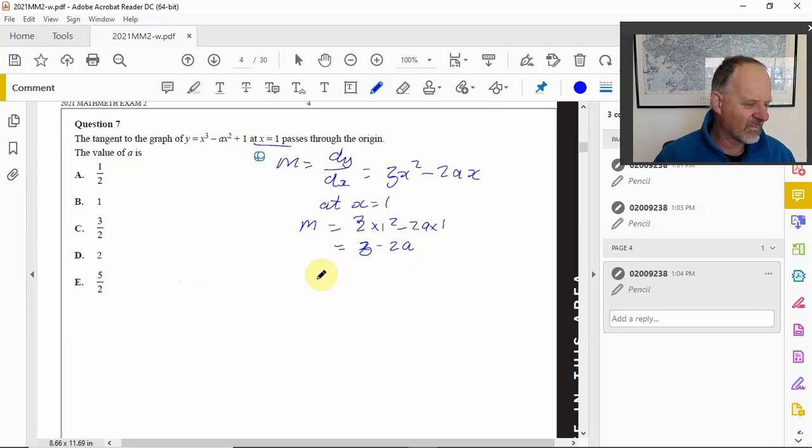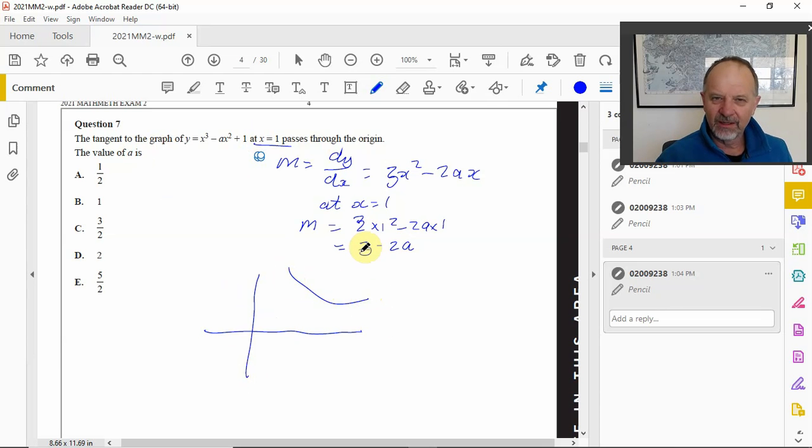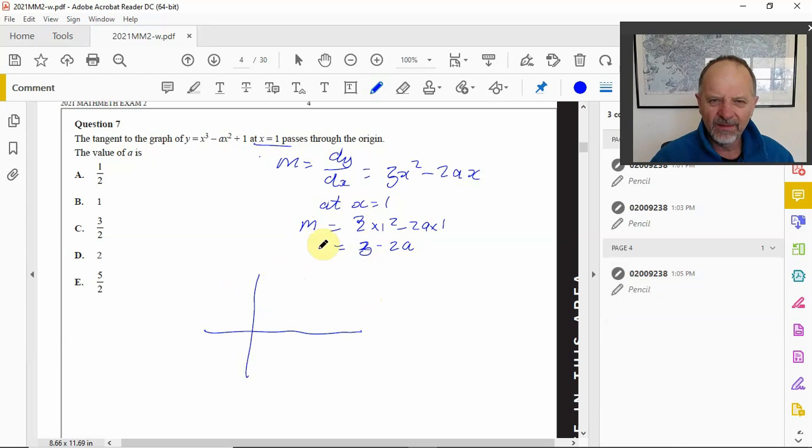So at our point here, we've got our tangent, and we've got the gradient of our tangent, and we know it passes through the origin. This graph, whatever it looks like, goes through some point.